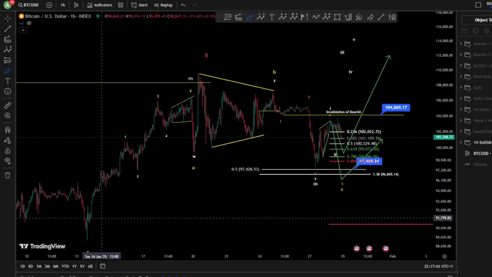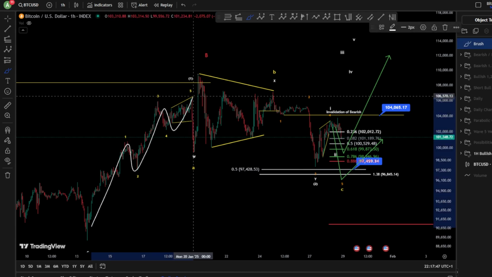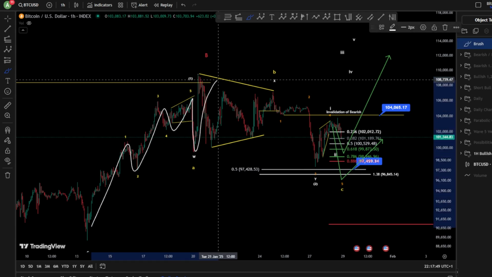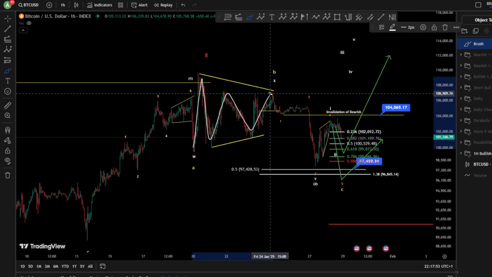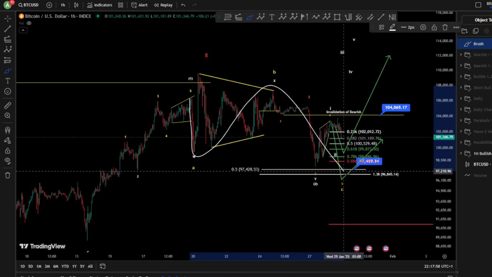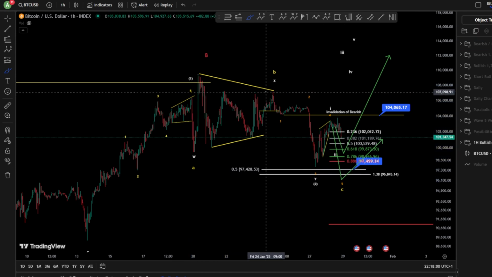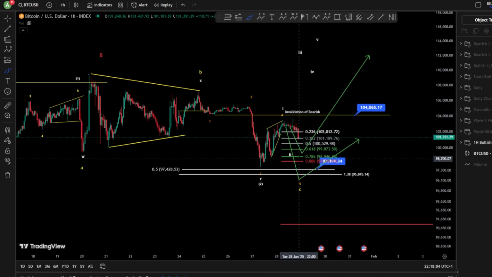After a huge impulse toward the upside, where we have a 1, 2, 3, 4, and a 5, A, B, your wave B is a triangle here, finishing a wave E with a wave B, and then looking for this wave C toward the downside as an impulse. So basically, the impulse is playing right now.